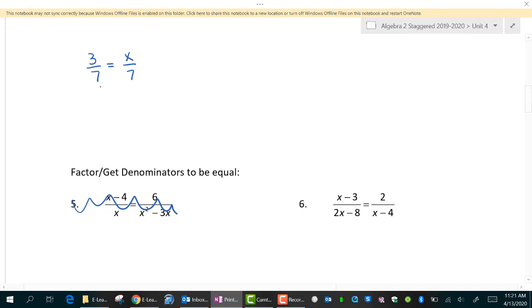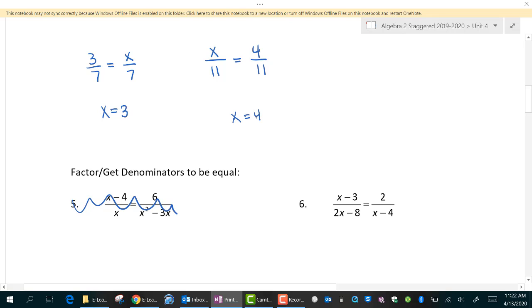You might have already noticed that the denominators are the same, so the numerators need to be the same. That means x equals 3. Likewise, what if I had x over 11 equals 4 over 11? Again, hopefully you're noticing that if the denominators are both 11, then my numerators need to be the same, so x equals 4.